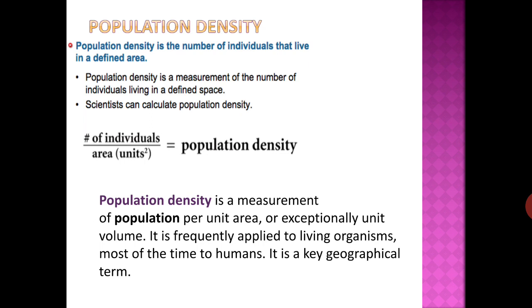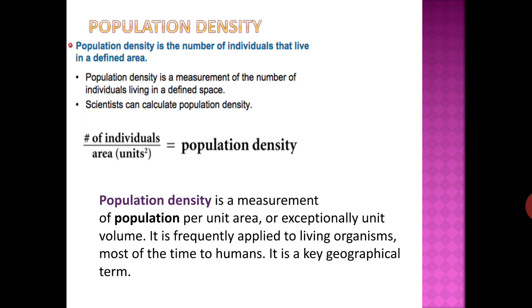Suppose in 1 square kilometer or 2 square kilometers, how many people are living? We make a calculation, and based on that the population density can be measured. The formula of population density is the number of individuals divided by the area unit.